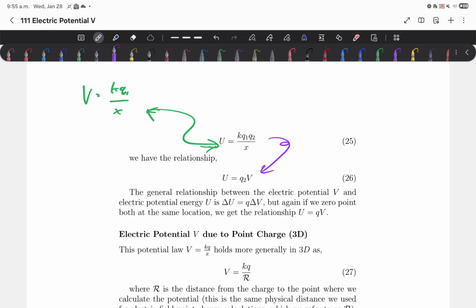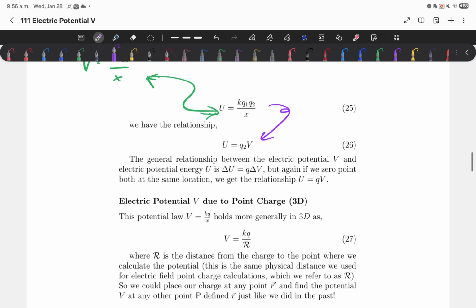Now, the reason we did this for x is just to make the math easier. We were saying, let's do this along the x-axis, bringing the charge in from way at infinity to some point x. This law is valid in 3D. We're not going to do it because it would be a 3D integral, but basically, you get the same thing.